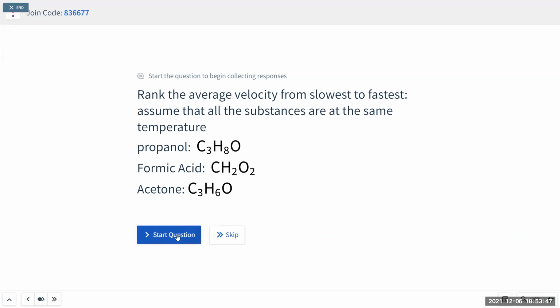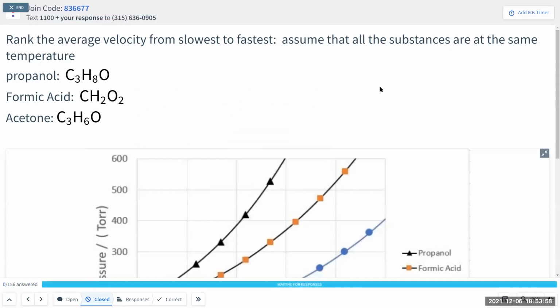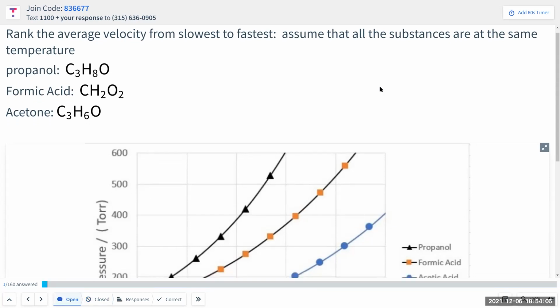This time, let's take the same 3 gases. What I want you to do is arrange them from slowest to fastest, at 80 degrees Celsius or whatever the temperature is. By the way, what's the analogy we used to explain something like this?